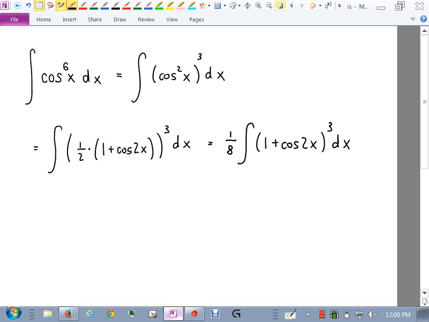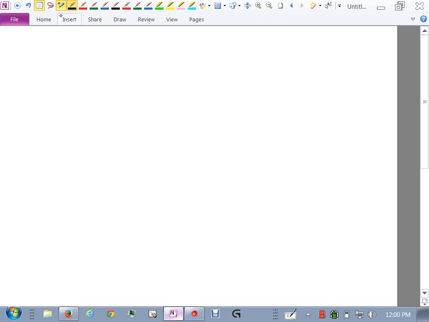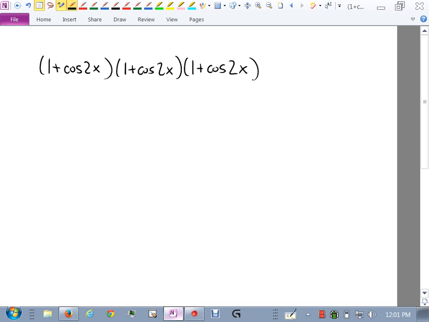Maybe I should bring up a new page and then come back to this. What's 1 plus cosine 2x times 1 plus cosine 2x times 1 plus cosine 2x?